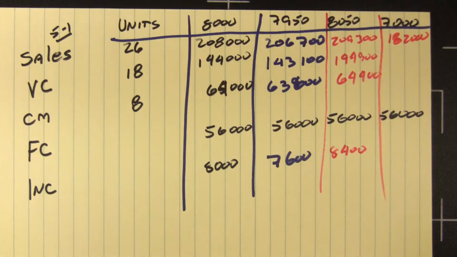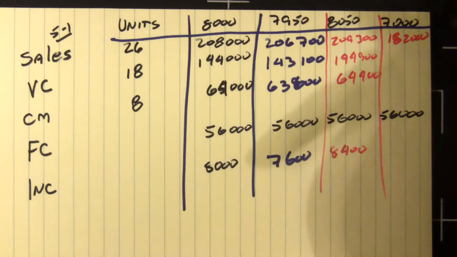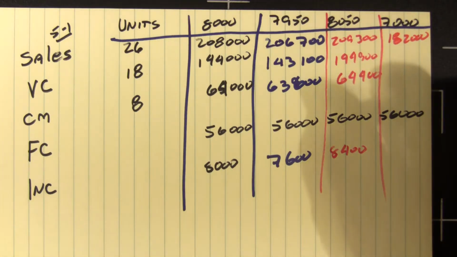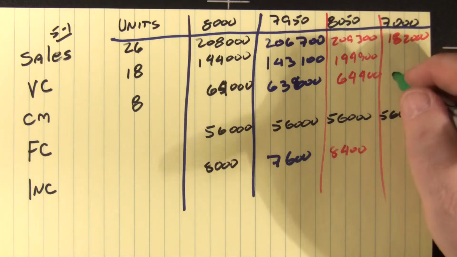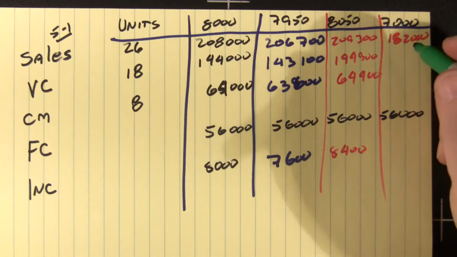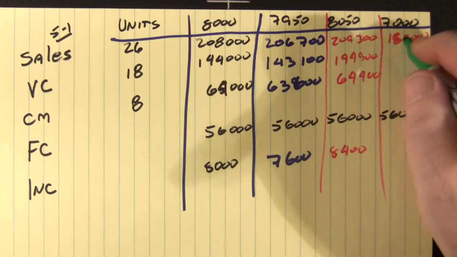That's actually a different color, but it doesn't look it. That's orange. Let's try green, see if that's a little easier. 7,000 times 18 is our variable cost.